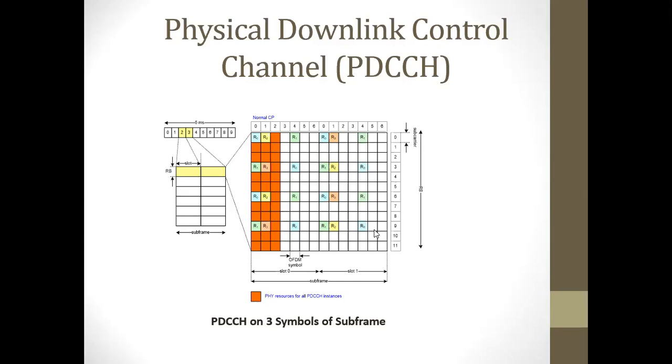So you have one resource block, and this way in the frequency axis you have many different resource blocks. If it is 20 megahertz wide, then you have 100. Actually it's a pair of resource blocks, because a resource block uses one slot in time. So there will be 100 pairs of resource blocks if it is 20 megahertz.